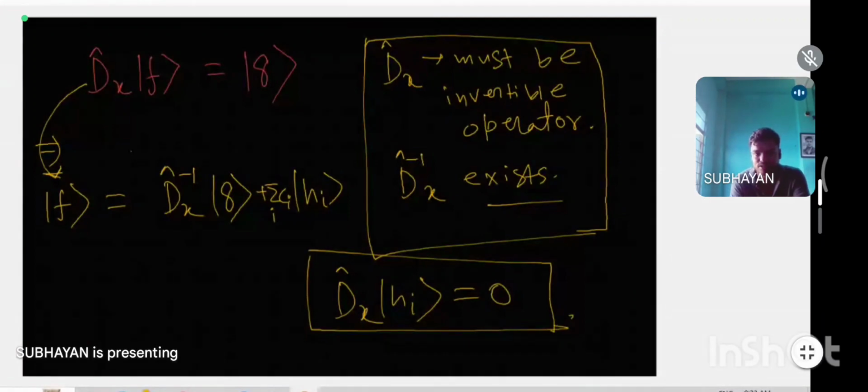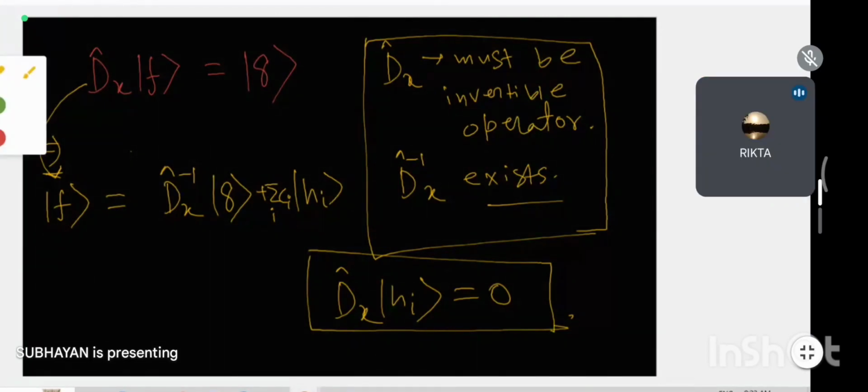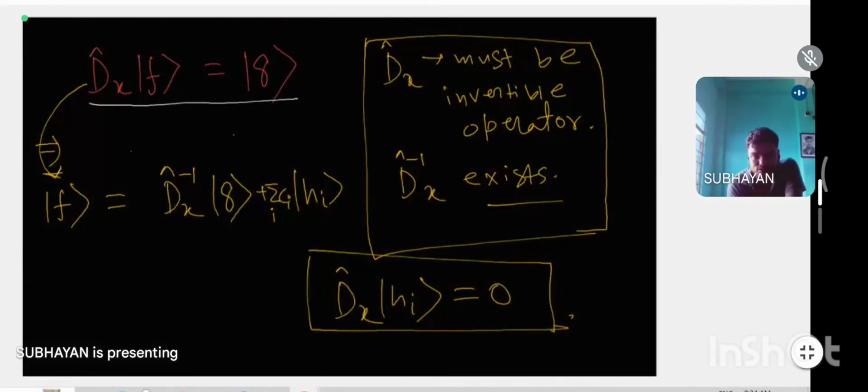Okay, এটা বোঝা গেছে কি করে লিখলাম? আমি বলছি এই তো ইকুয়েশন ছিল dx of f equal to z. Now what should be the solution? In general you can write f equal to dx inverse of z plus some constant.